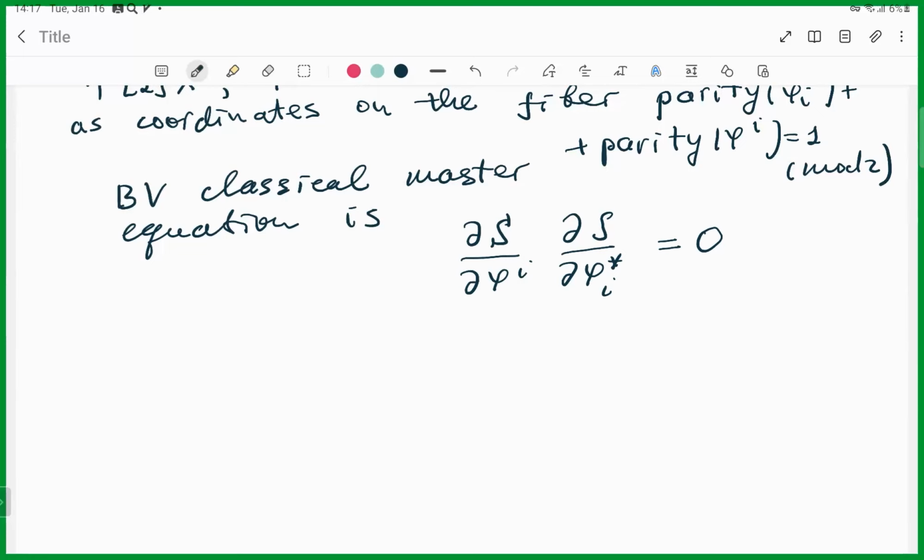So this is the classical master equation. Why do we need it?